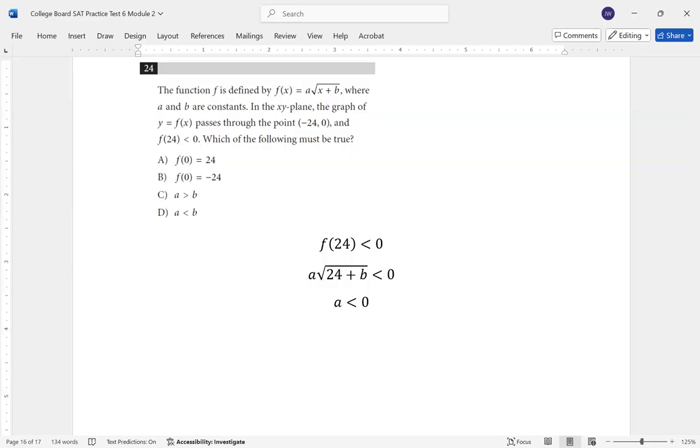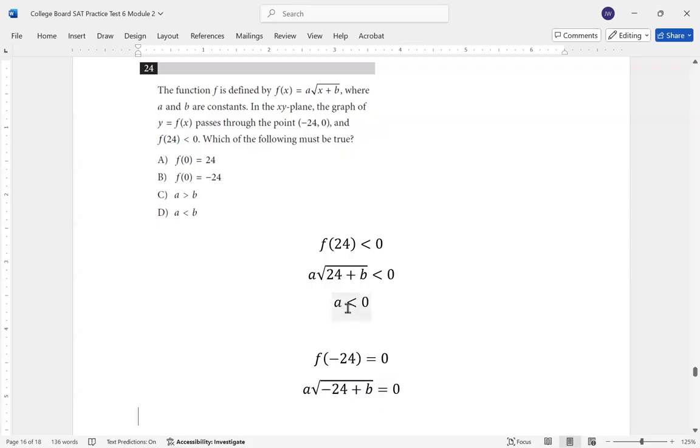Now let's look at the other property. The other property says it passes through the point negative 24, 0. That means when you plug in a negative 24 into the x value, you get a 0 as the output. What that tells me is that a times the square root of negative 24 plus b is equal to 0.